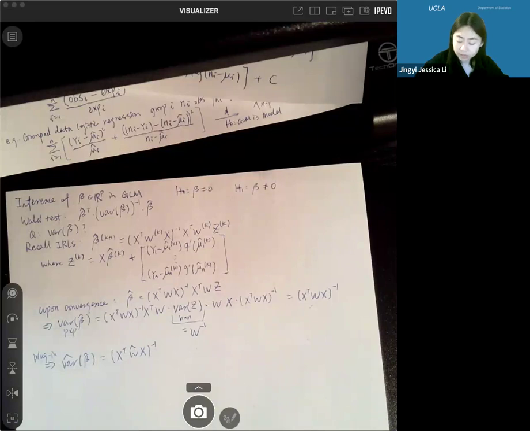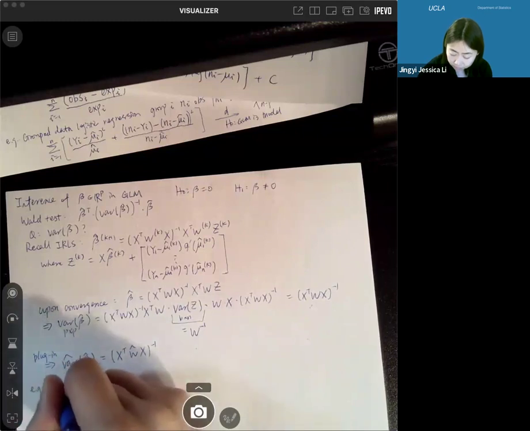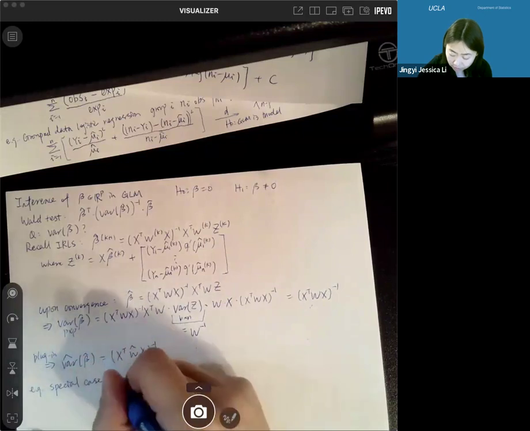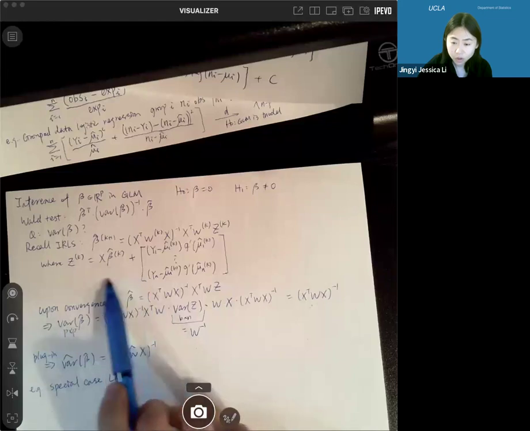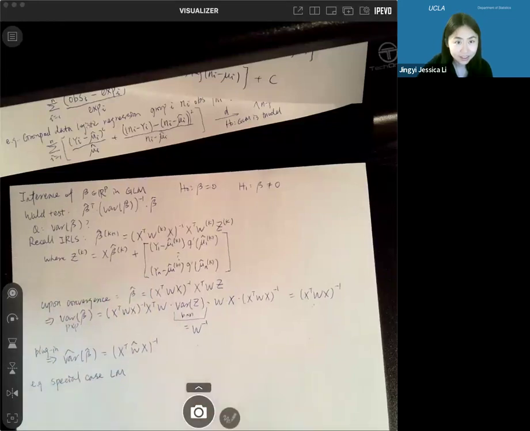Okay. And for linear model, let's go back to the special case of linear model to help you understand this whole thing. So in the linear model, special case, you see, for linear model, what we have for Z is actually Y. Because for linear model, there's no need for the link function because linear function is just an identity function.